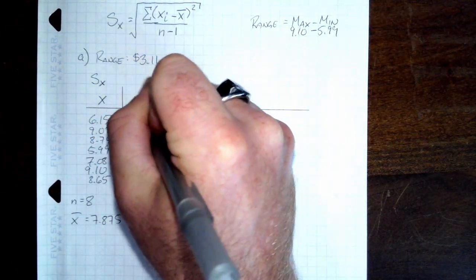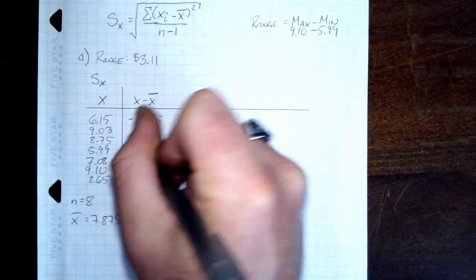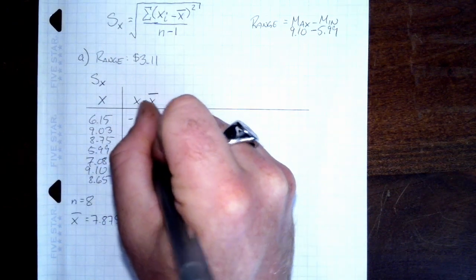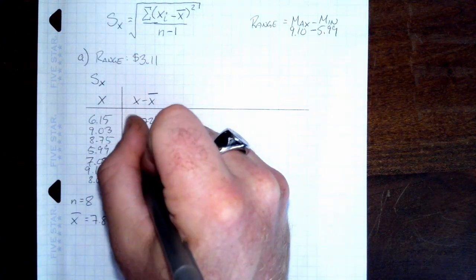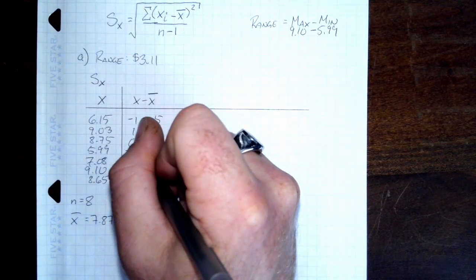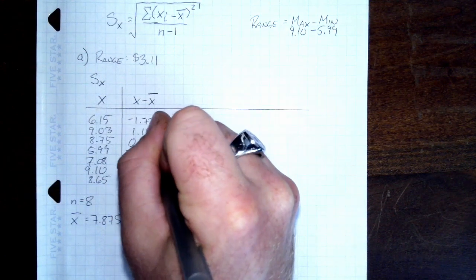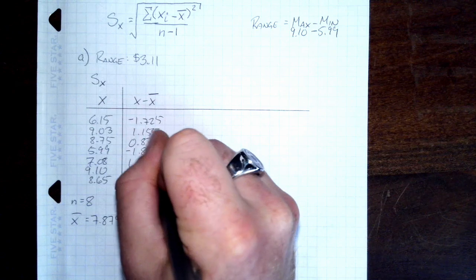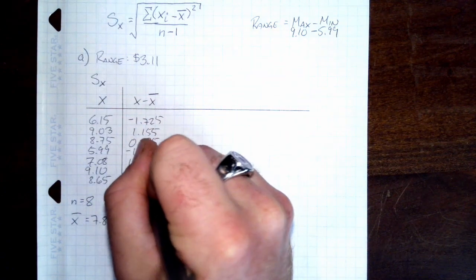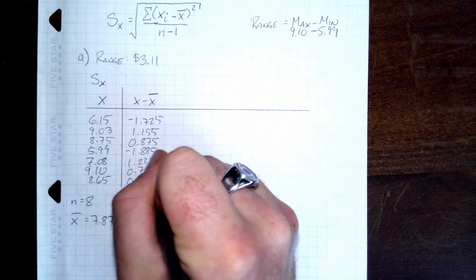Negative 1.725, 1.155, 0.875, negative 1.885, 1.225, 0.775, and 0.375.